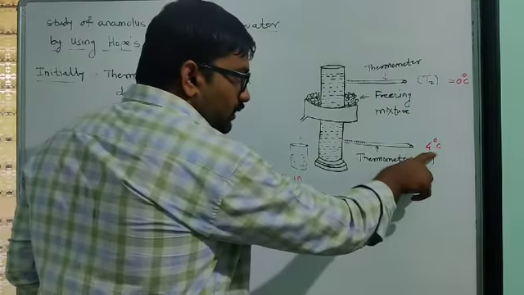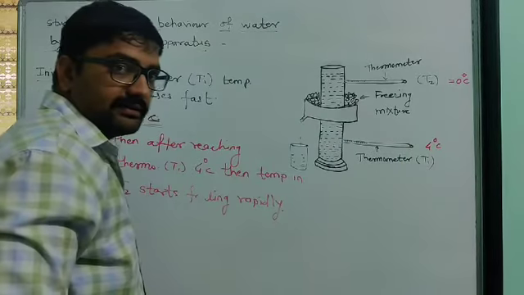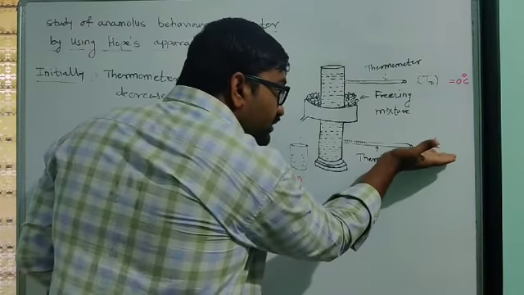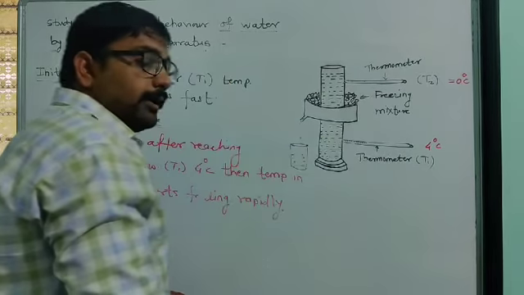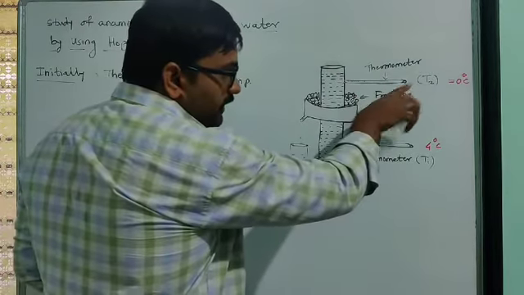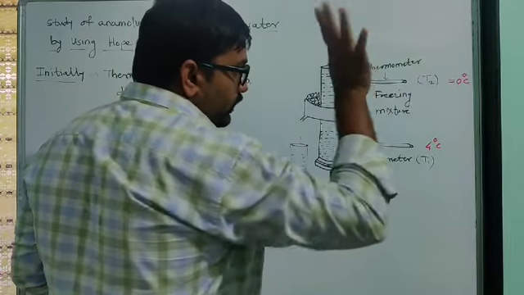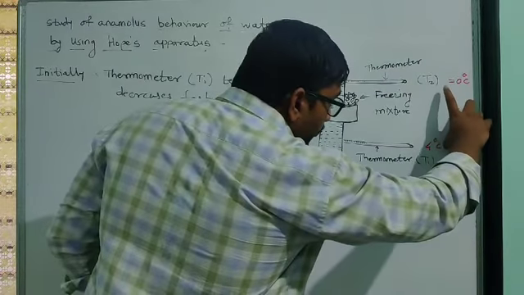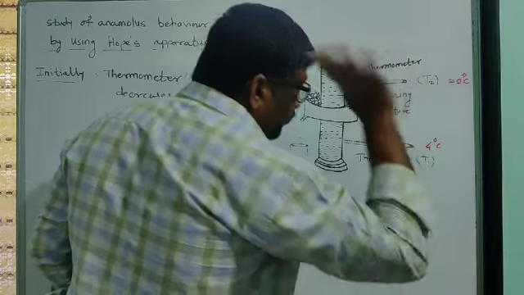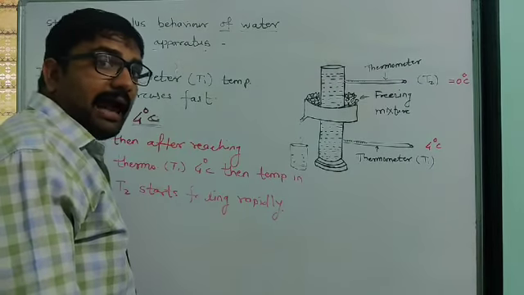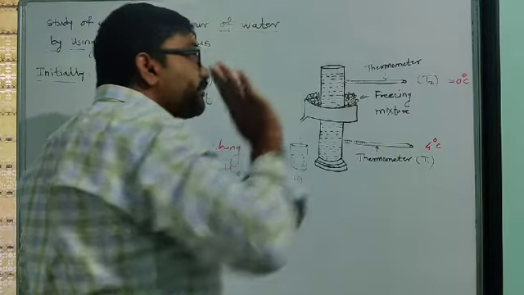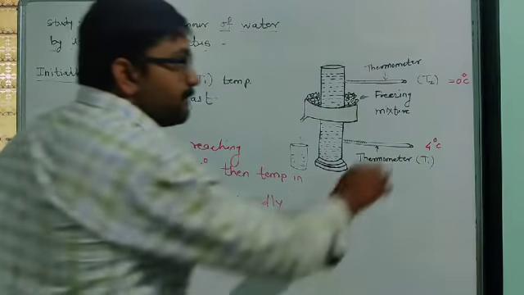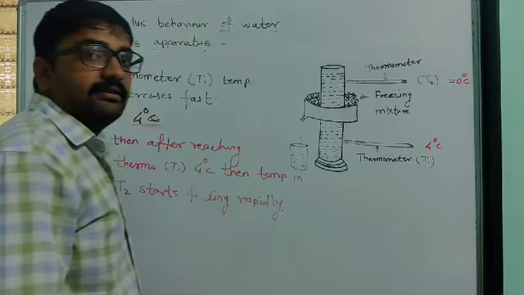Look at what happened. Initially T1 falls rapidly up to 4 degrees Celsius, then after it reaches 4 degrees Celsius, T2 starts to fall up to 4 degrees Celsius. When both are at 4 degrees Celsius, a rapid fall in the temperature of thermometer 2 takes place, up to 0 degrees Celsius.